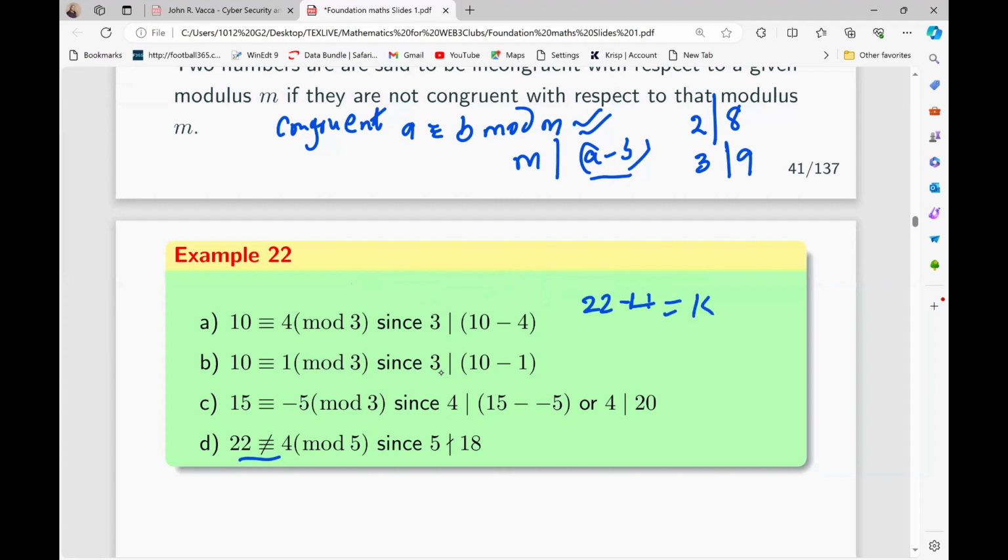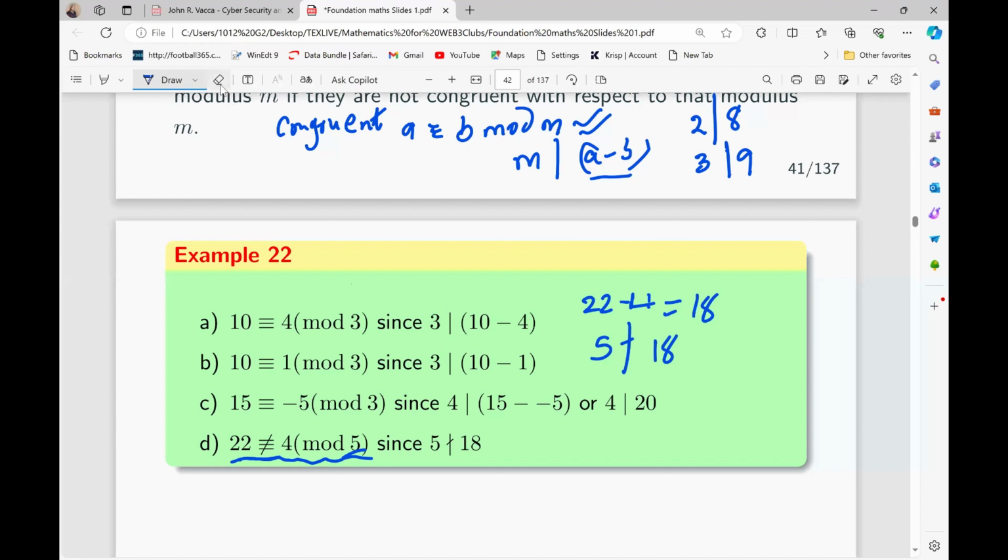The mod cannot divide 18, and therefore this statement is true: 22 is not congruent to 4 mod 5.